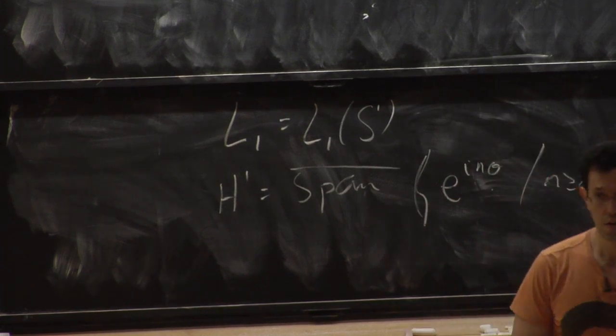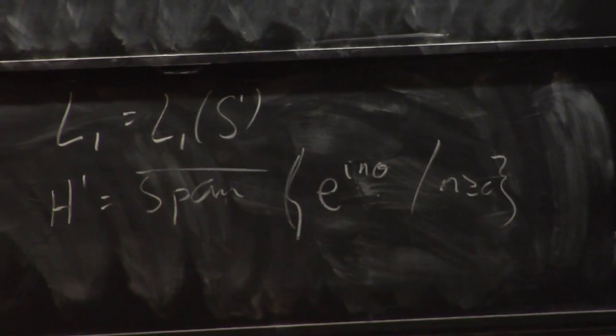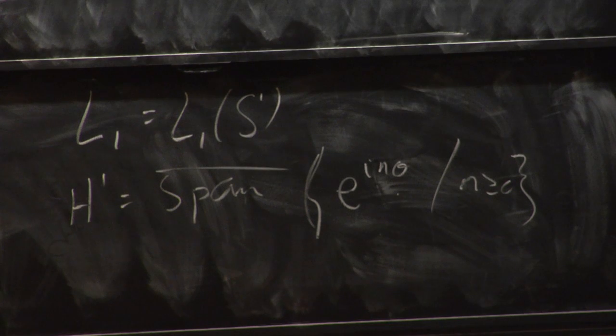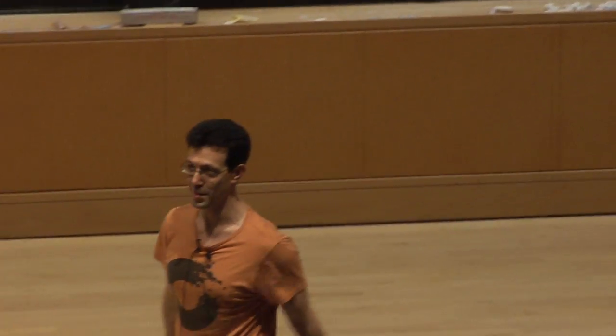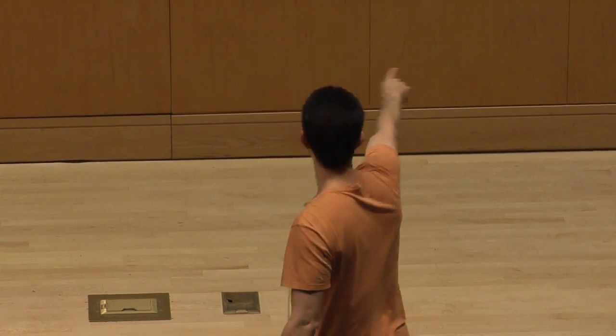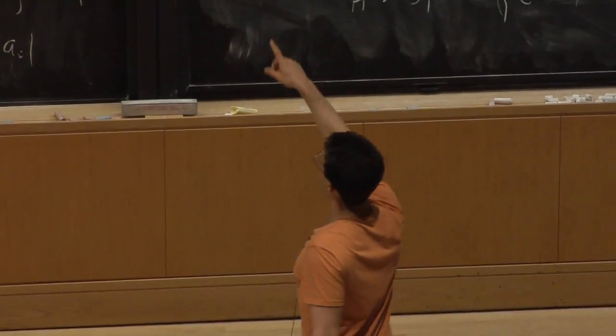So this is exactly the limit values on the circle of the Hardy space of analytic functions in the interior of the circle. So that's a nice closed subspace of L1.